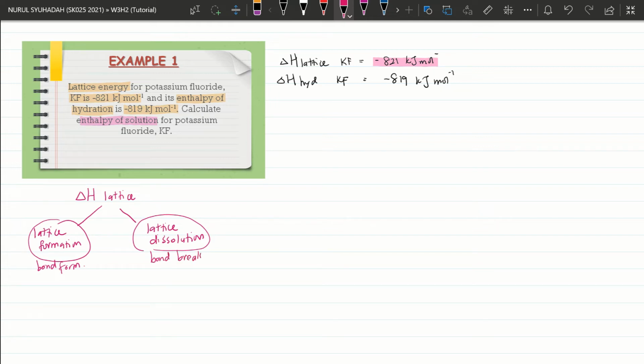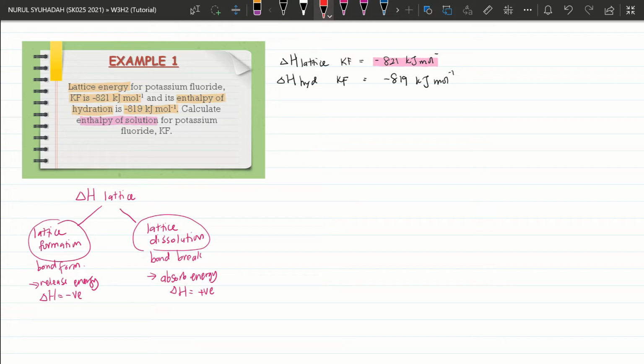Please bear in mind, bond formation will always release energy. That's why for bond formation, the delta H lattice you get is negative, while bond breaking will always absorb energy. When energy is absorbed, the delta H becomes positive.